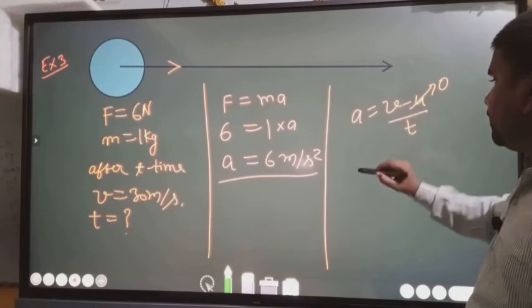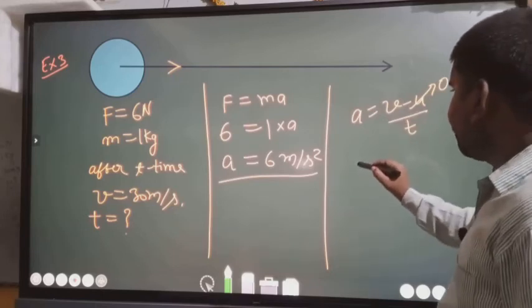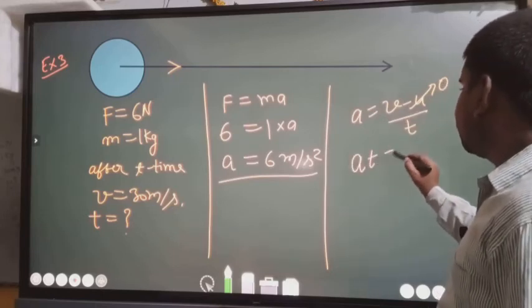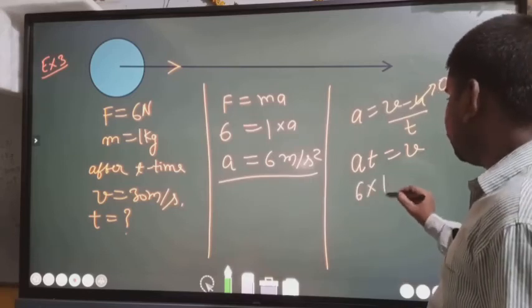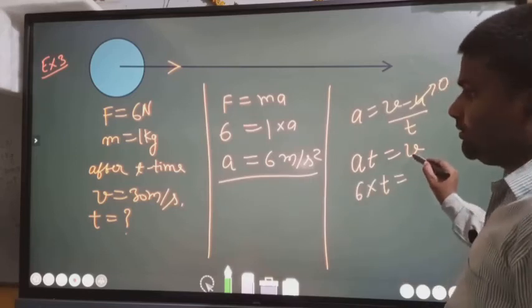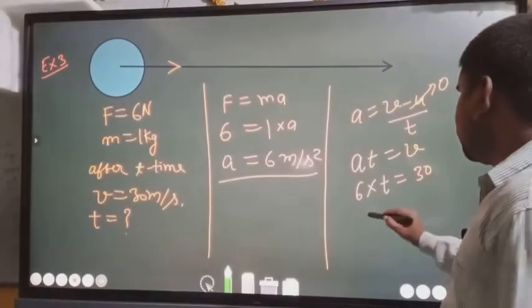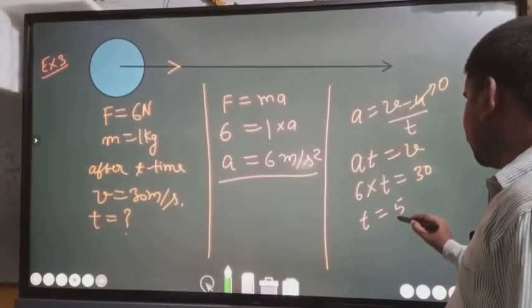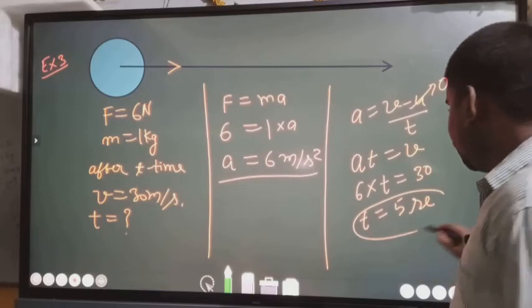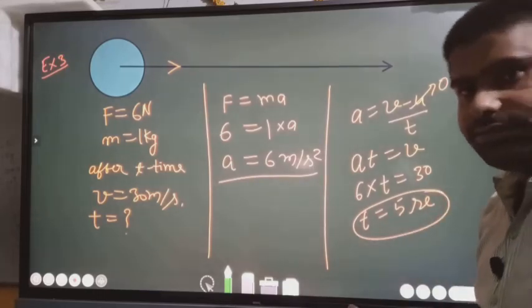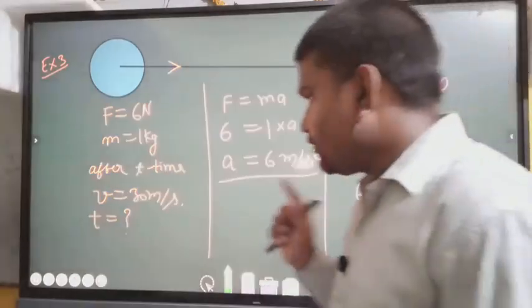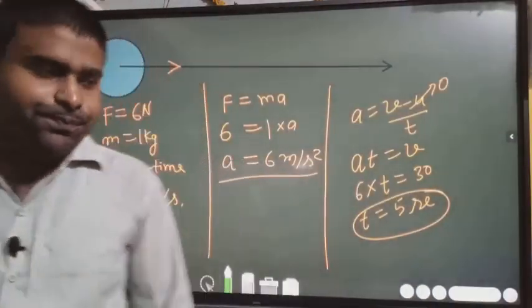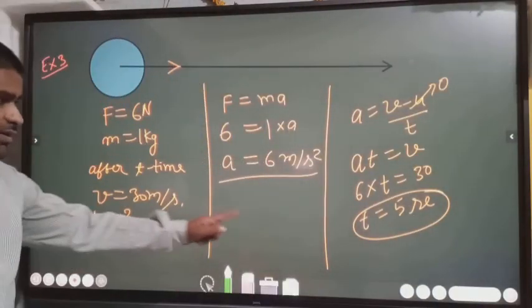V you have been given, so you can write at is equal to v, 6 into t is equal to v. V means 30. T is equal to 5 seconds. That means the force acts upon this body for 5 seconds.